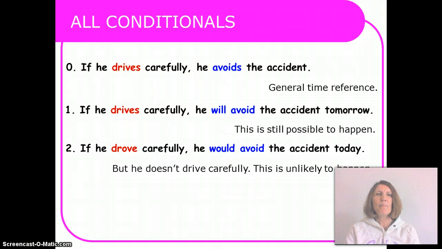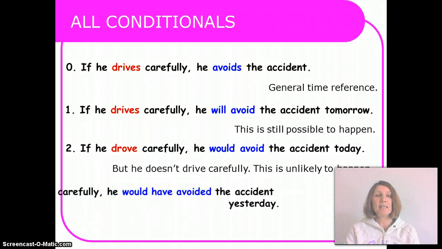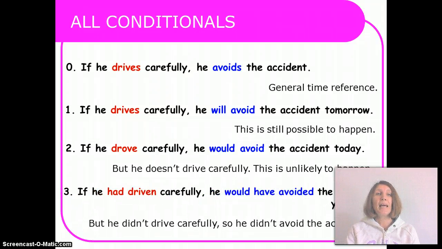But he doesn't. It's imaginary. He doesn't drive carefully. So he's not going to be able to avoid the accident. That's the second conditional. Finally, if he had driven carefully, he would have avoided the accident yesterday. It's in the past. He didn't drive carefully, so he didn't avoid the accident.